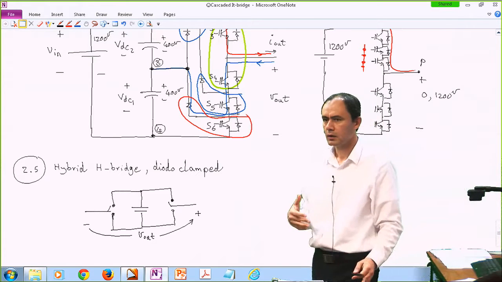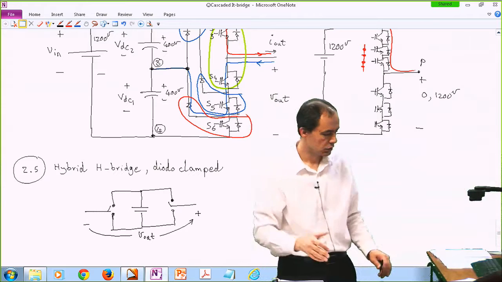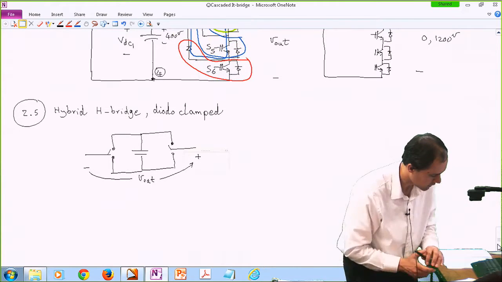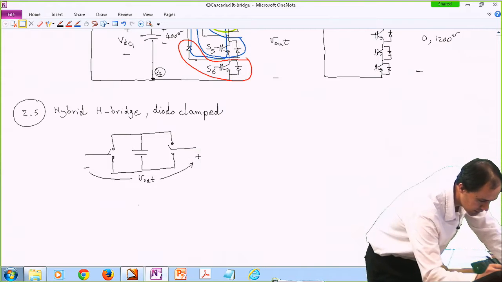All right. Now we can do almost the same thing using, instead of 2 single pole double throw switches, 2 single pole triple throw switches.